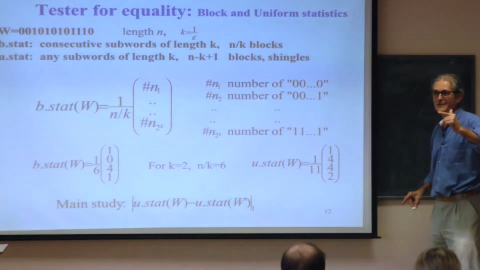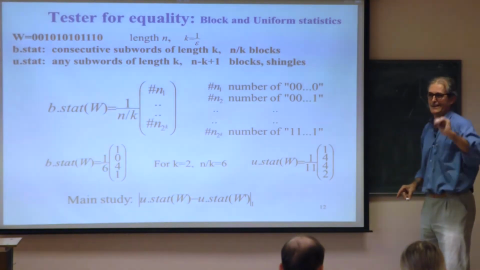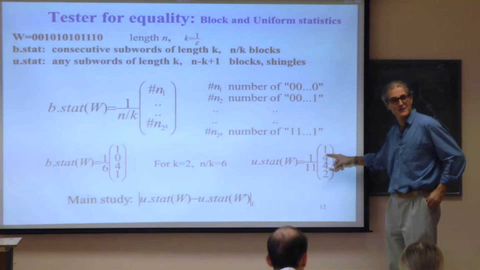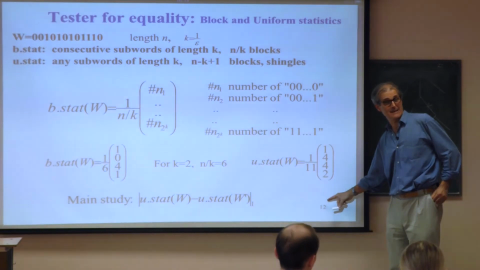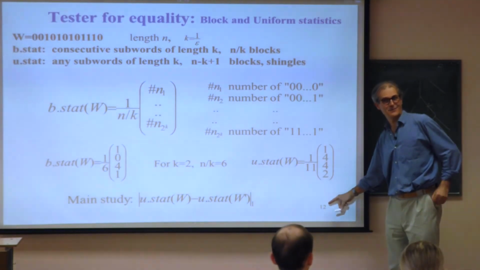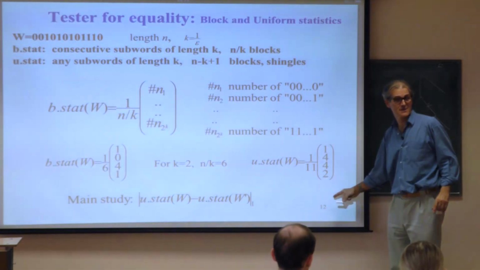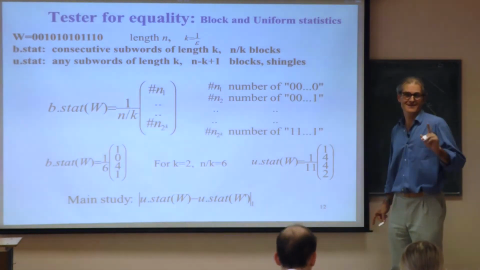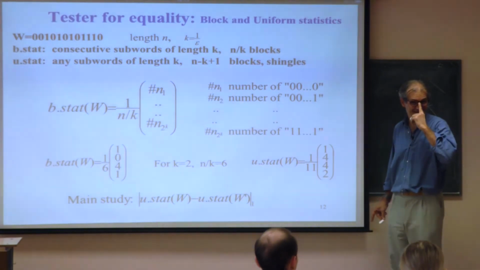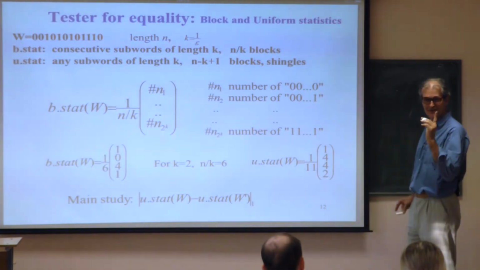So you have to think, of course, k of 10, and this is going to be of size 2 to the 10. 2 to the 10 is 1,000, you're still okay. But if it's 100, 2 to the 100, you're going to get into trouble. But we'll see this in a minute.